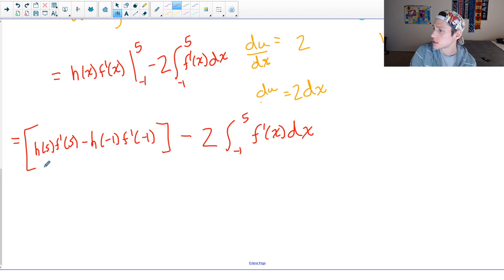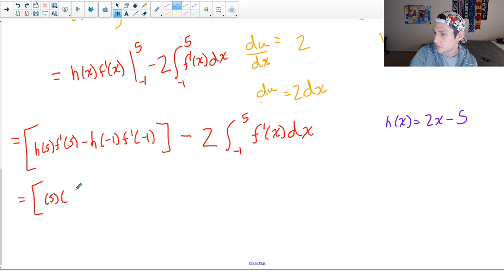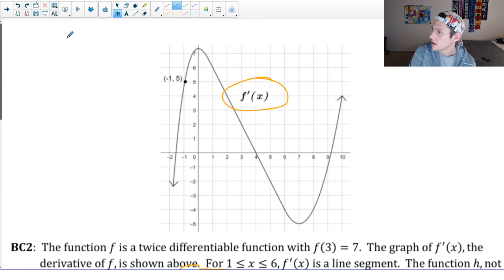All right, so before I deal with this, let me just evaluate this part. H of 5, reminder, so I don't have to scroll back up: h of x equals 2x minus 5. So 5 times 2 is 10. 10 minus 5 is 5. F prime of 5. Oh, I have to scroll back up for the graph anyways. Here's f prime.